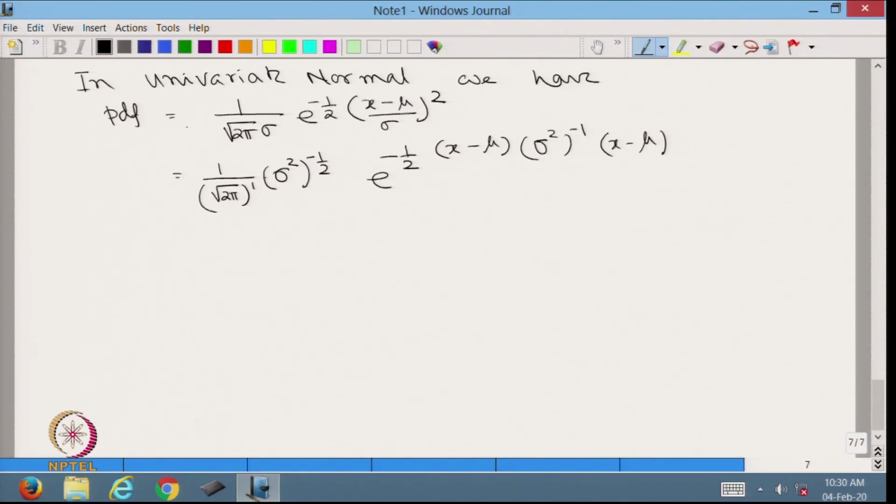We can decompose this PDF in this form. Here sigma square is the variance.